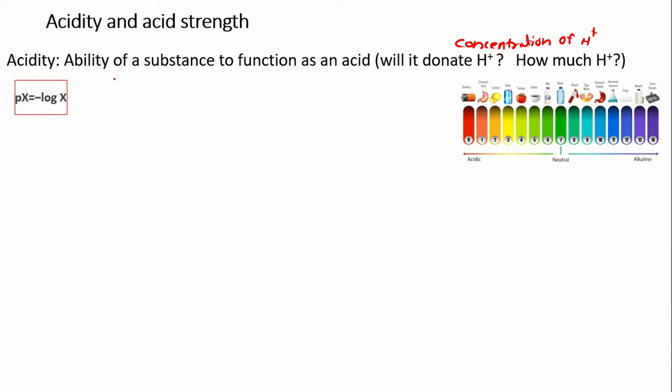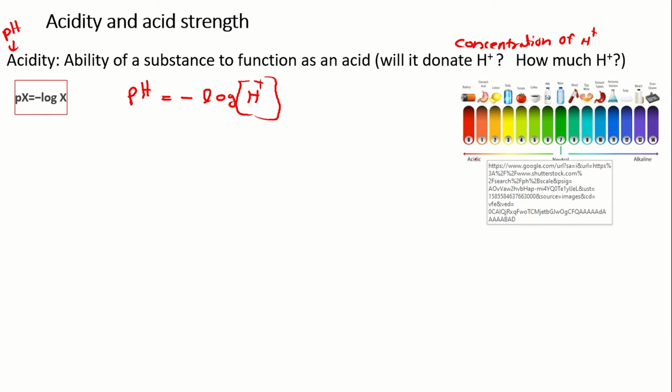So if you take the negative log of H plus concentration, we call it pH. So what reflects acidity? It is pH. So pH tells you whether a substance can act as an acid or a base.